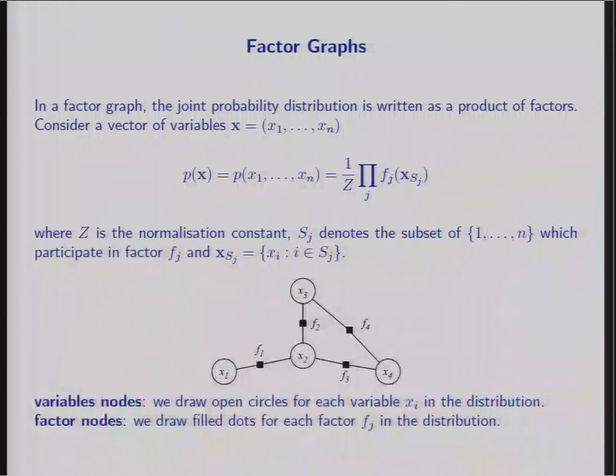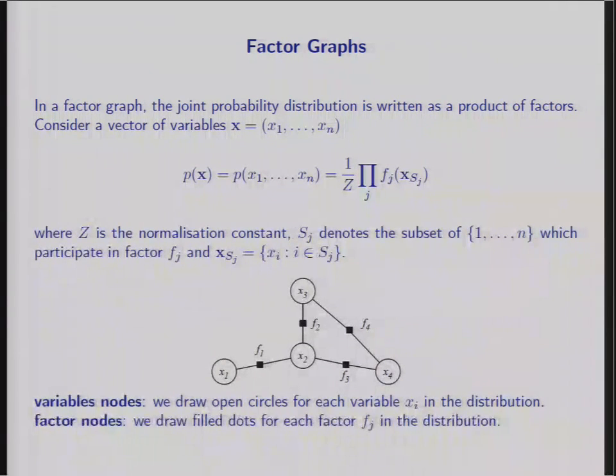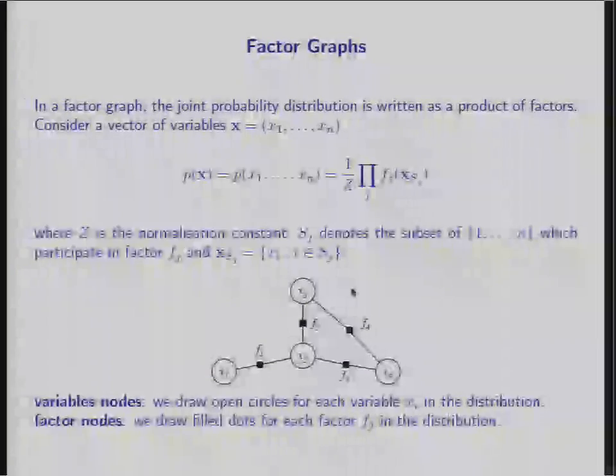And there is a very nice theory that's been developed around this based on an idea called the Bethe free energy, where essentially what people have shown is that loopy belief propagation in a graph, if it converges, converges to fixed points of the Bethe free energy.